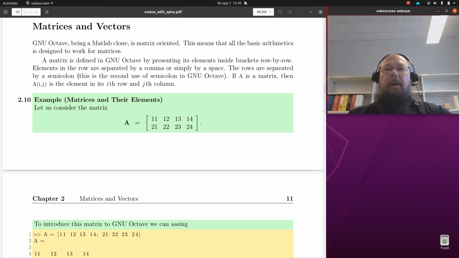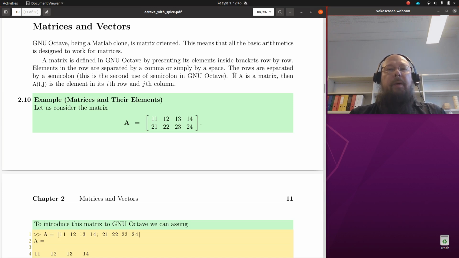A note here: we have already seen the semicolon used in one sense. It was used as a "be quiet, please" operator. If we end a line with the semicolon, then Octave knows to be quiet and not echo back what just happened. Now there is a second use of the semicolon here, and that is simply to separate rows in a matrix.